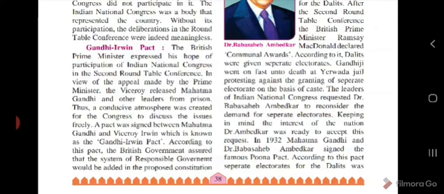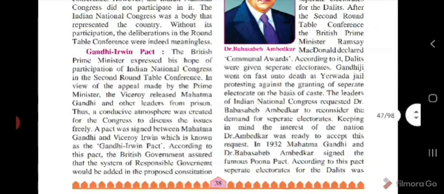According to the pact, the British government gave an assurance of providing responsible government in the proposed Constitution of India. So, Congress agreed to suspend the civil disobedience movement and participated in the second round table conference.